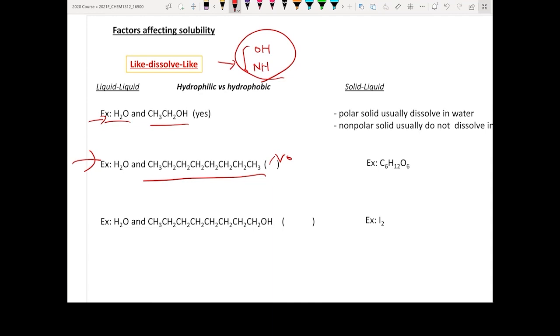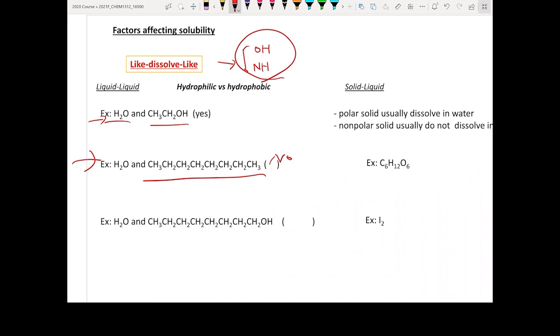What is the chemical formula of oil? It's just tons of carbon and hydrogen. So if you see a compound with a chemical formula that only has carbon and hydrogen, the more carbon and hydrogen you have, the more hydrophobic it is. Therefore, it doesn't like hydrophilic molecules. Water is very hydrophilic. So in the second case, you know they are not going to dissolve with each other.